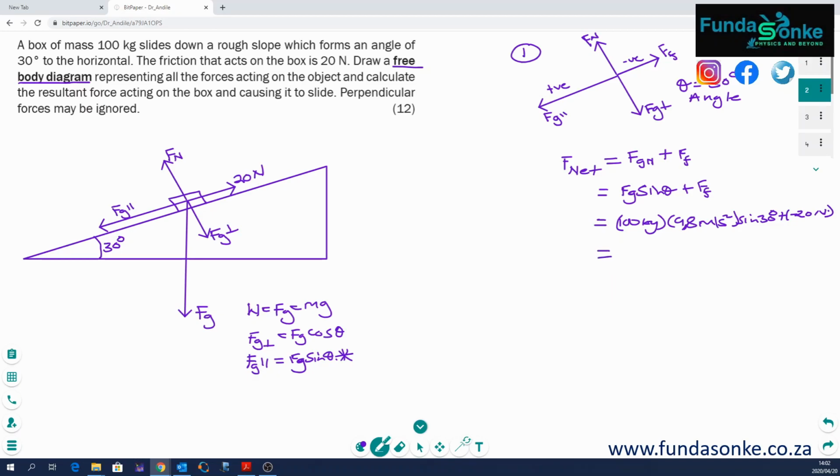If we calculate that, we'll find that we're going to get 490 newtons minus 20 newtons. This then will give us a resultant force of 470 newtons down the slope.